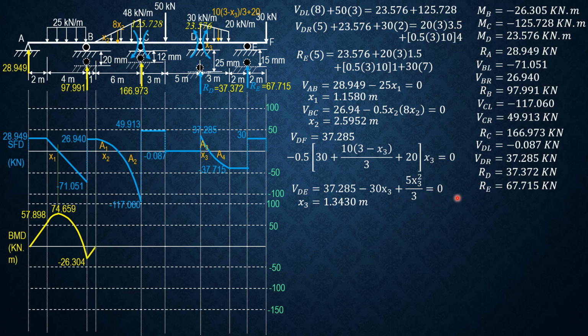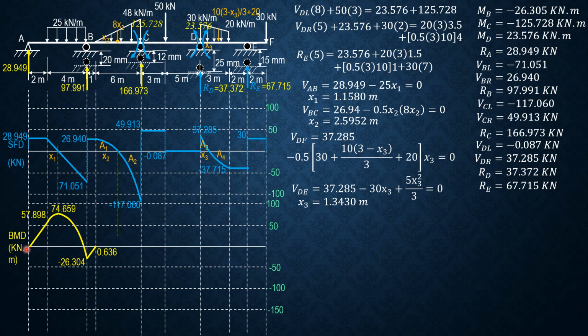Then we equate to 0 to solve for x3 where shear is 0. There are two values, one is absorbed, so this is the acceptable value, 1.3430 meters.